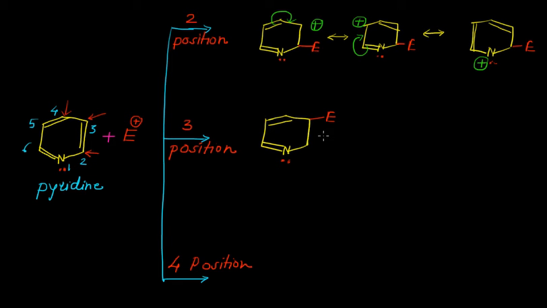So you can see here, the positive charge will come on this carbon 2. So this positive charge will get delocalized in this fashion in the next resonating structure, like that. So we have the next resonating structure.